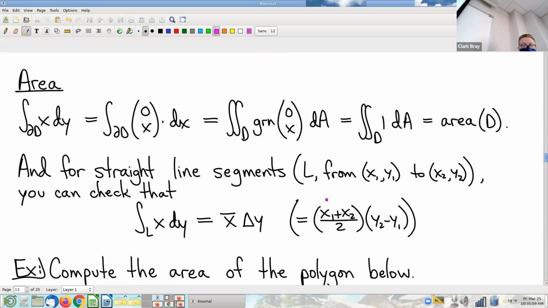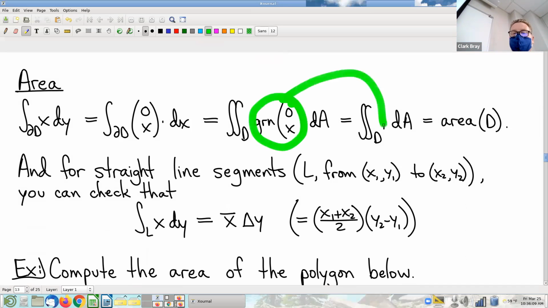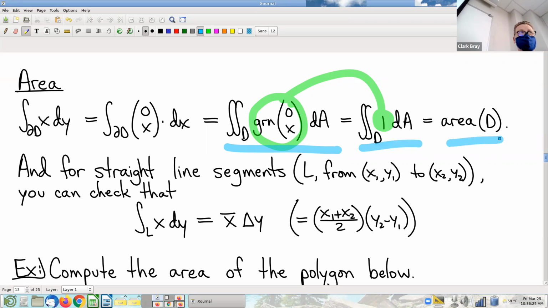Okay, here's another neat thing you can do with Green's theorem. This is a real tricky little observation, very clever. Ultimately, it comes down to what would happen if Green's operator were 1. And I think this is a natural question to ask, because you're like, well, I am, after all, doing a double integral of this thing. I love it when my integrand is 1 when I'm doing a double integral, because if my integrand's 1, it's just area.